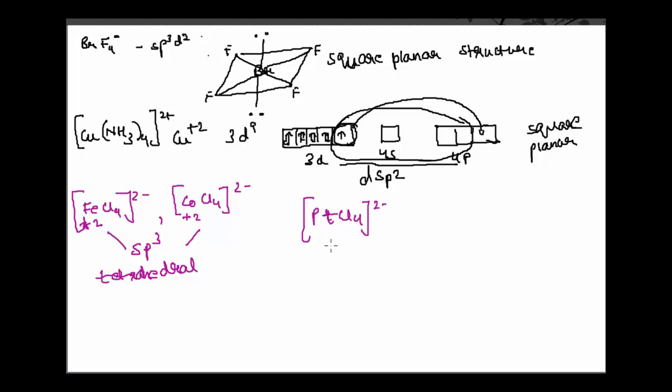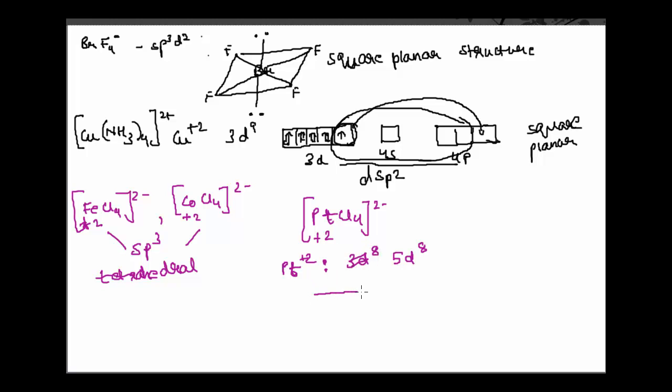See, Cl- is a weak field ligand, but with 4d and 5d transition series, all ligands behave as strong field ligands. So basically, in case of platinum, which is in a +2 oxidation state over here, Pt+2 will be 5d8. For 4d and 5d transition series, all ligands behave as strong field ligands.